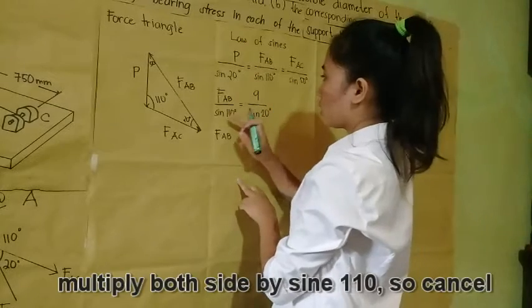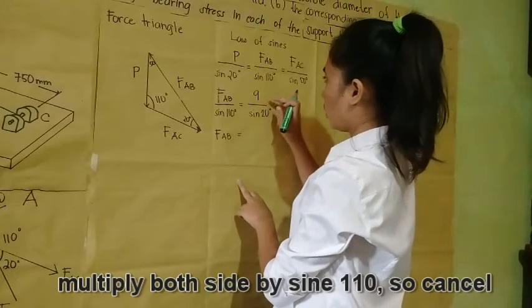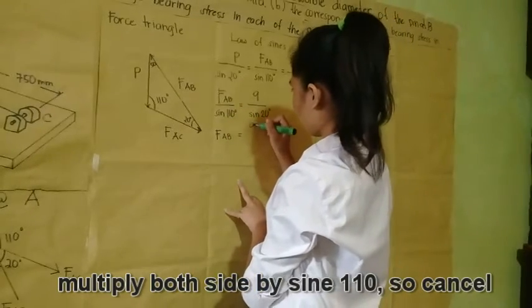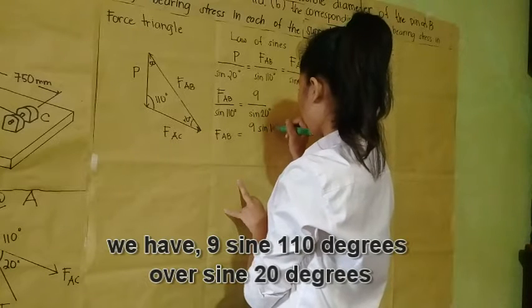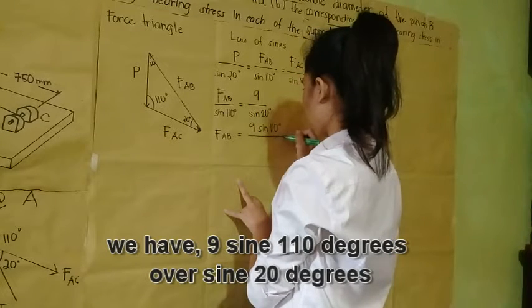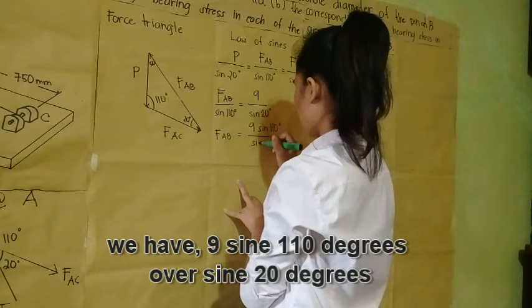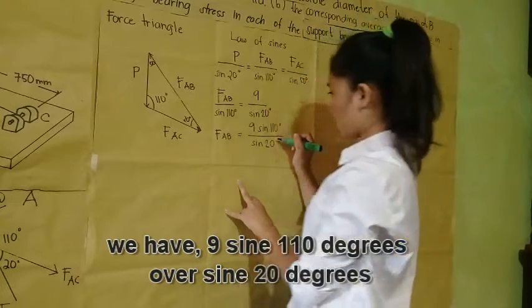So here we have 9 sine 110 degrees over sine 20.